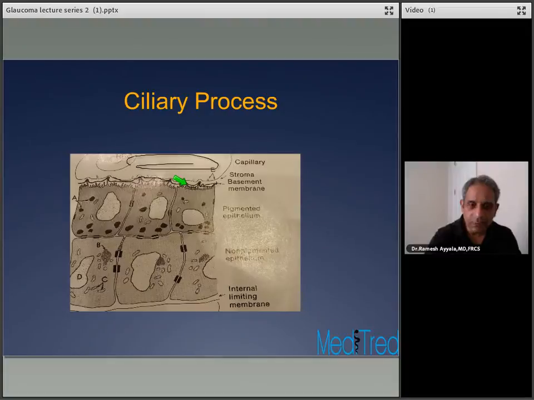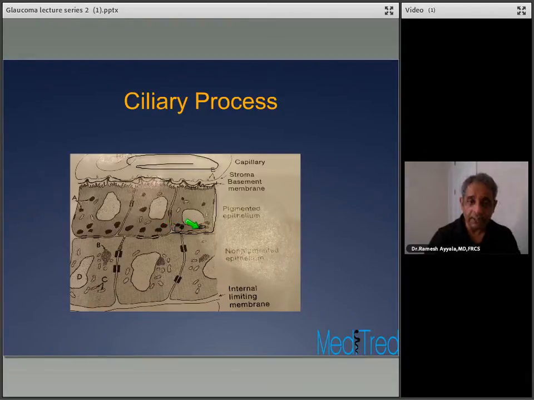So this basement membrane is the anterior extension of the Bruch's membrane, and this is followed by the pigmented epithelium, which is the anterior extension of the retinal pigment epithelium itself. And you'll see a lot of melanocytes in this pigmented epithelium.